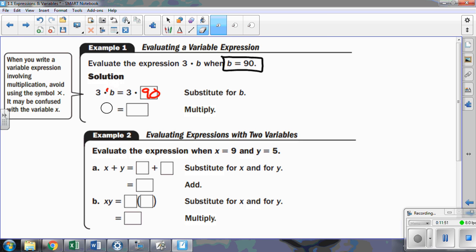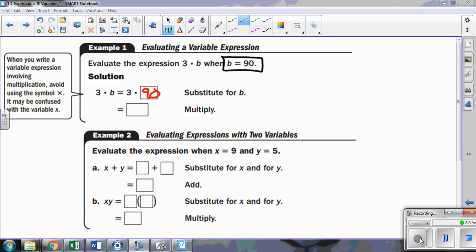We're just taking 3 times b, plugging the 90 in and getting 3 times 90. So what's 3 times 90? You're absolutely right. 3 times 90 gives us 270. That's done. That's all evaluating is. You just replace the variable with the number and see what they wind up giving you.